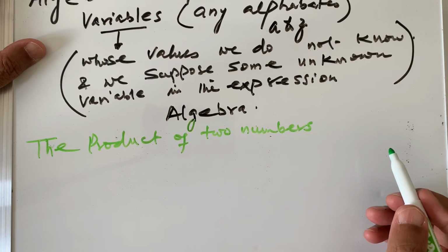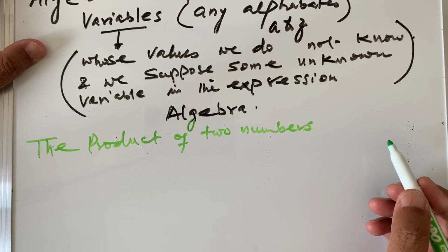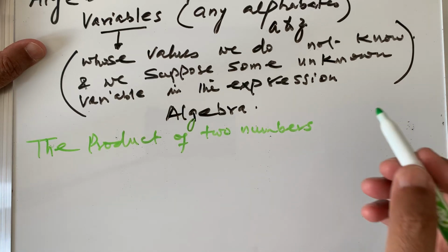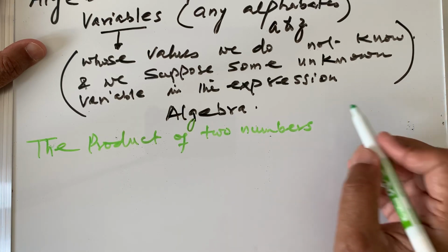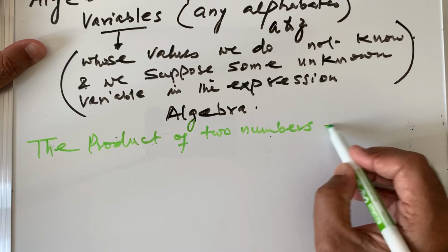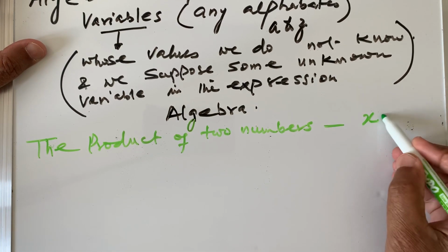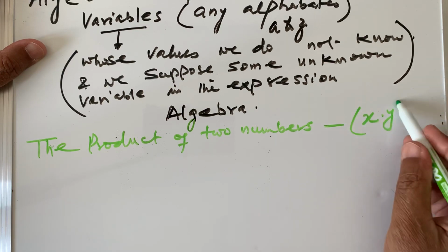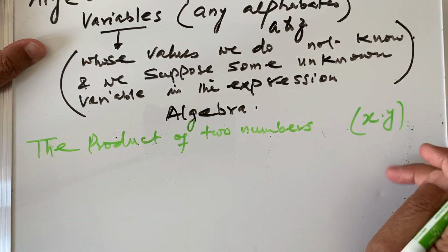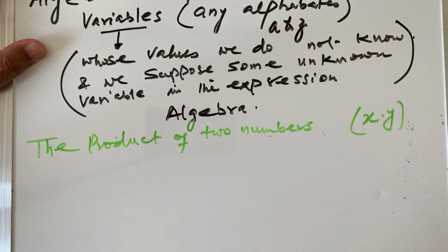Whatever you can say, I am just making it by myself. What do you mean by product of two numbers? Product of two numbers means x times y. So this is our expression.